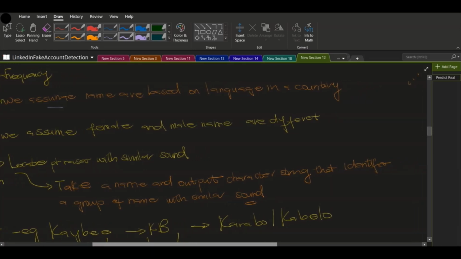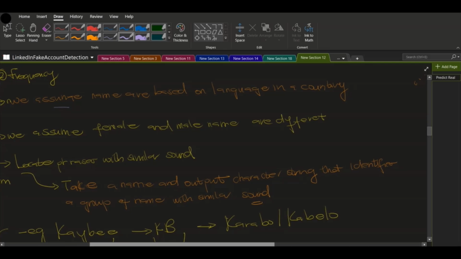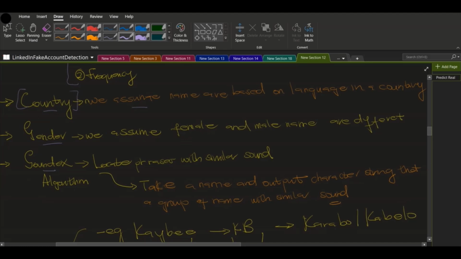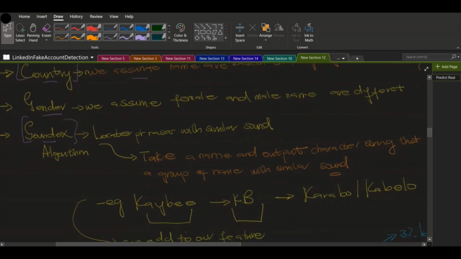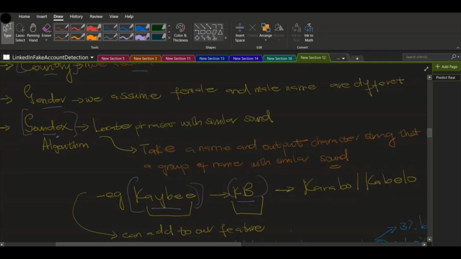I believe there are certain names, a nickname and a real name, that might sound the same but are written differently. So I think this is a good component to add to our model. For instance, in South Africa, we have a nickname called KB, and some people call them Kay-Bee. These sound pretty much the same, but you write them differently, and the Soundex score is going to give us a high score, and it's actually a nickname. So that's why it's something we can add.